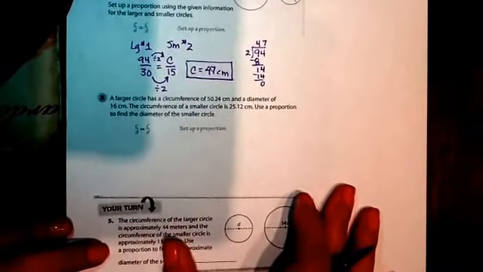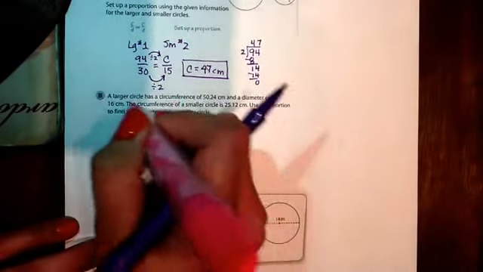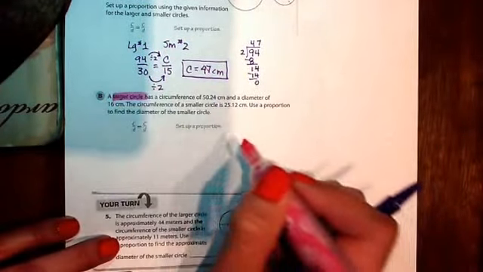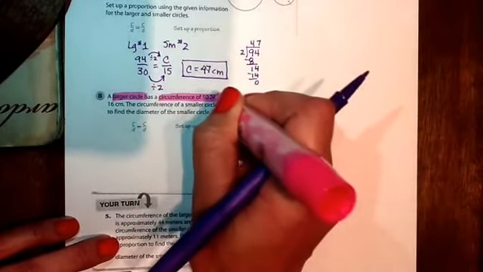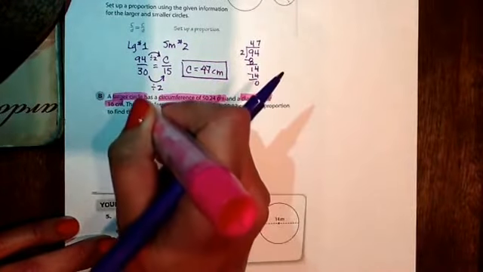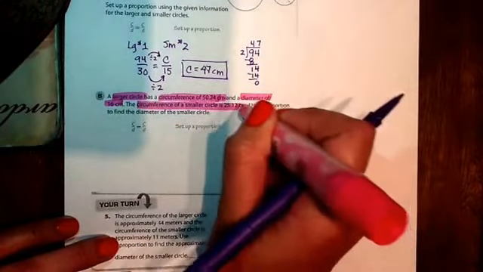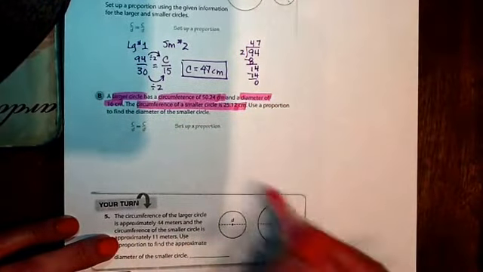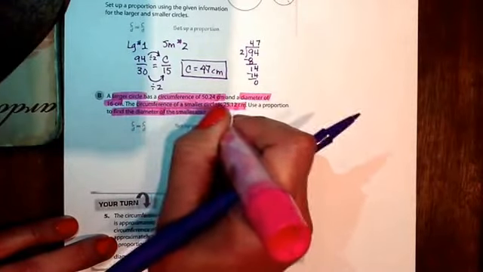In example B, it tells us that a larger circle has a circumference of 50.24 centimeters and a diameter of 16 centimeters. And they tell us the circumference of a smaller circle is 25.12 centimeters, and they want us to use a proportion. This time we are finding the diameter of the smaller circle.